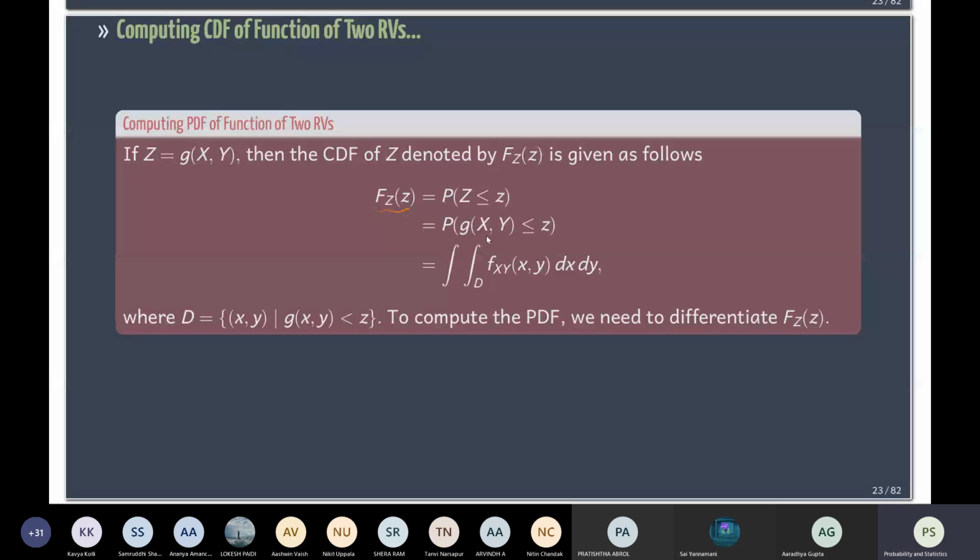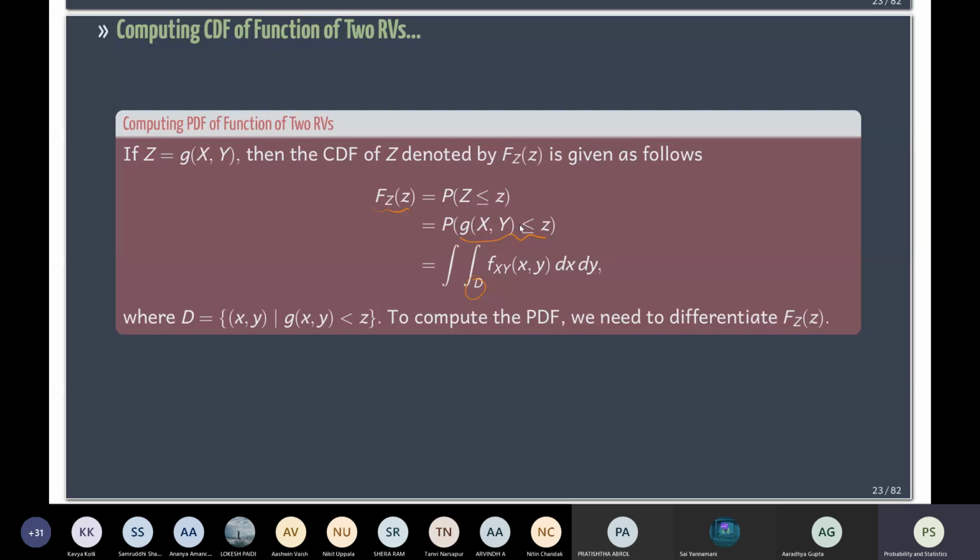Now the probability that this is less than or equal to z is giving me some region where this is defined. That region is denoted by D here, let us say the region of integration.